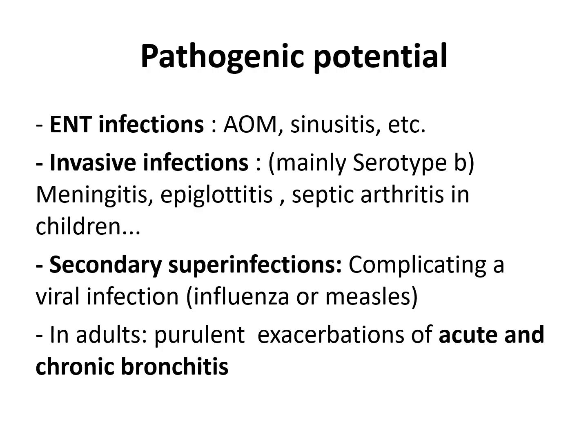Third, it can act as a secondary invader, causing superinfections that complicate viral infections like influenza or measles. Finally, in adults, particularly those with underlying lung disease like our patient Mr. HM, it's a major cause of purulent exacerbations of acute and chronic bronchitis.